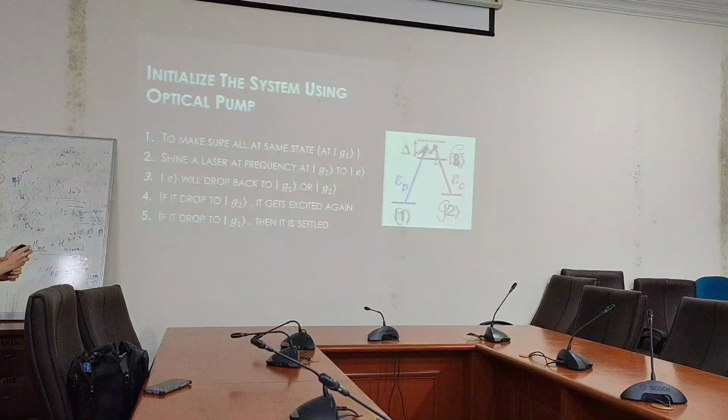Then we shine a laser at the frequency from G2 to E. From E, the atom will drop back to either G1 or G2. But if it drops to G2, it will get excited again and drop to G1. So it is settled into G1 by using this optical pump.